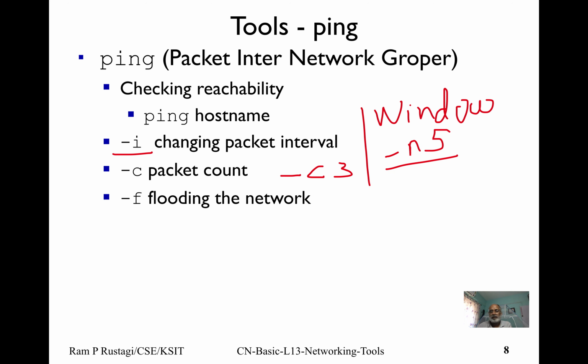With -n5, it will send only 5 ping packets and get a response. If you want to send the next packet immediately after receiving a response, without waiting, since the default is 1 second, use -f, but please use the -f option only in very limited circumstances because it could choke the network and create disturbance. So it should be used with caution.